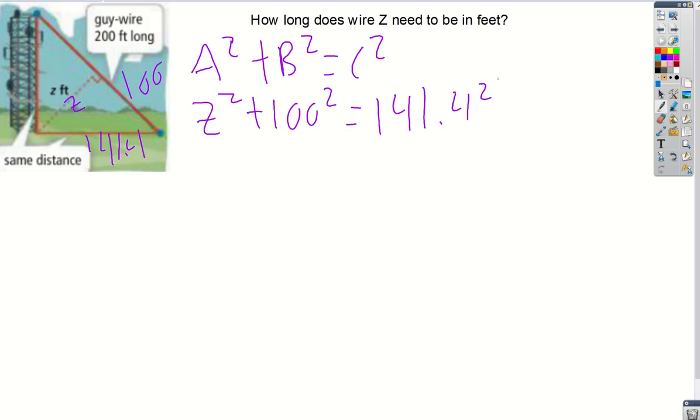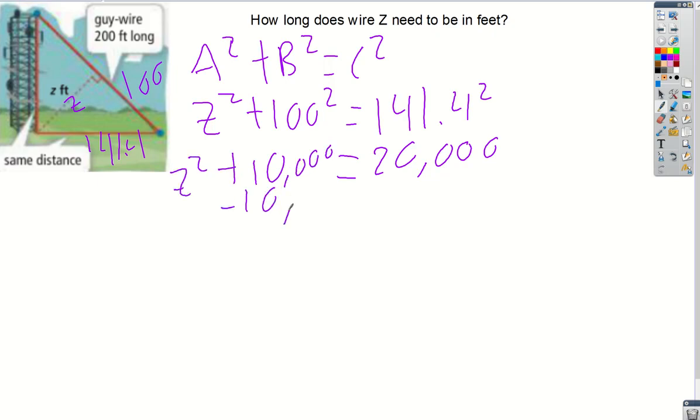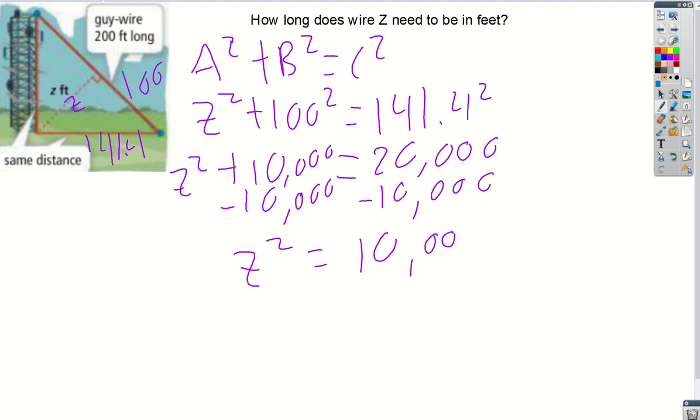Well, we just did this squared because we square rooted to get to that answer, so we're still going to have 20,000. Then 100 squared is going to be 10,000. Plus, we don't know what z squared is. I'm going to subtract 10,000 from both sides. So then I get z squared is equal to 10,000.